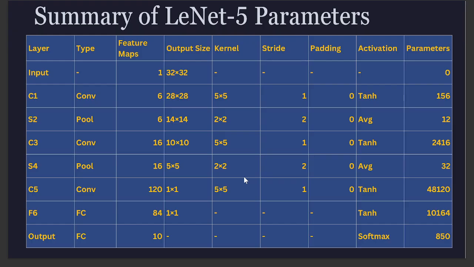We already discussed the feature maps, the output and input size of each layer. You can see the overview in the existing image. The activation functions and number of parameters in each layer are also listed for your reference.